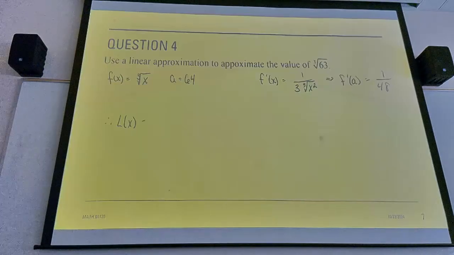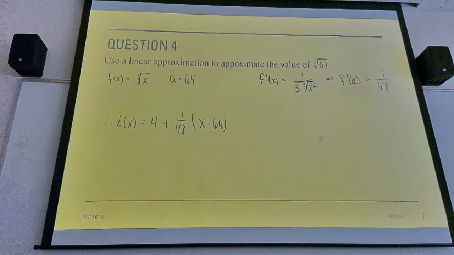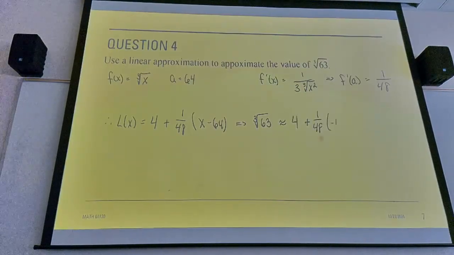Right, L of x for cube root of 64 is what? 4 plus 1/48 times x minus 64. Cube root of 63 would then be about 4 plus 1/48 times minus 1.